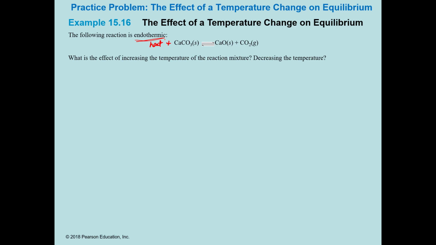If I increase the temperature, I'm adding heat, so it's going to push it to the right. If I decrease the temperature, I'm removing heat, so I'm going to pull it to the left.